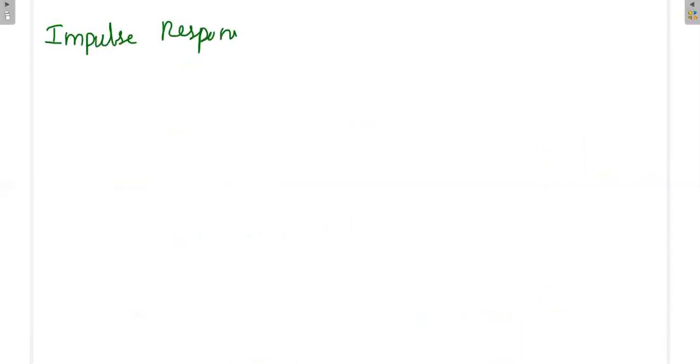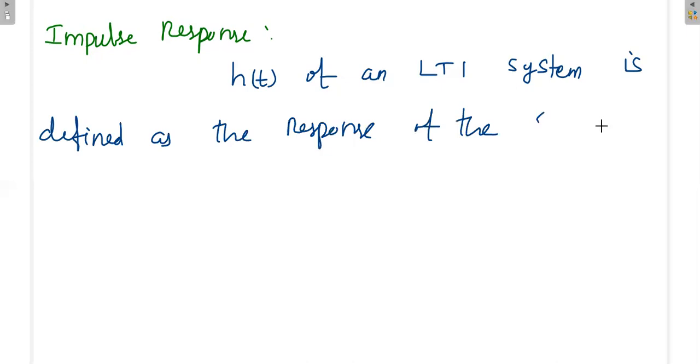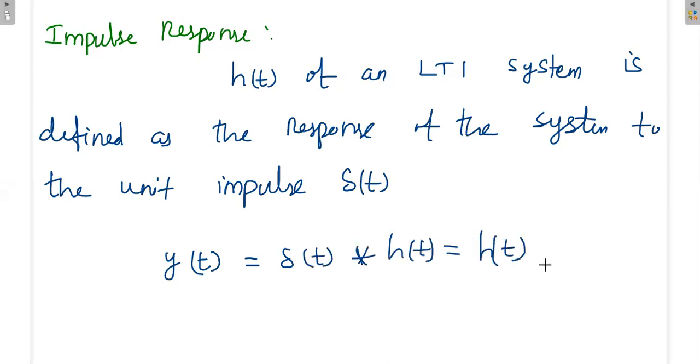The impulse response h of t of an LTI system is defined as the response of the system to the unit impulse del t, that is y of t is equal to del t convolution with h of t, which is equal to h of t only. Then the convolution integral.